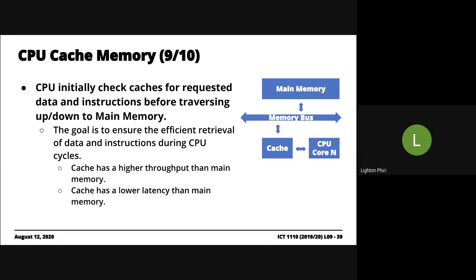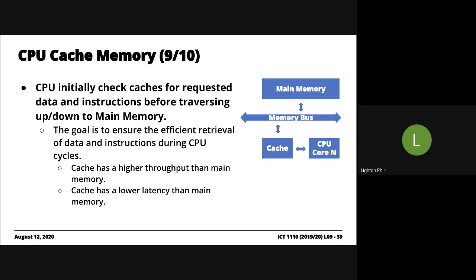So the CPU initially checks the first location, which is cache, the memory component much closer in proximity to the CPU itself, before it cascades to go to RAM, right? So the cascading is like unwinding, kind of, right? Registers, level 1, level 2, level 3, main memory.